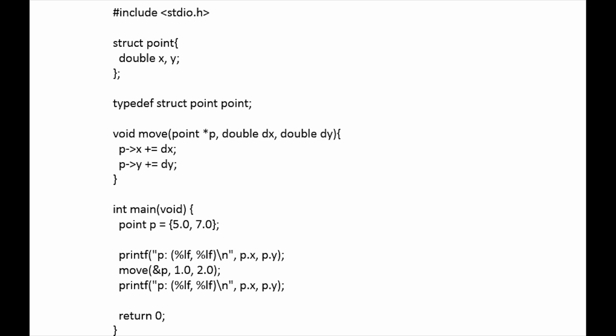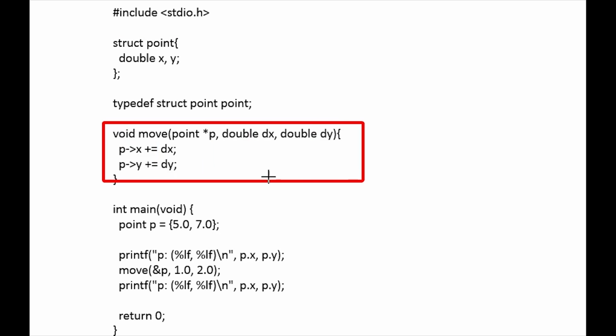Let us finally discuss objects and object mutation. So that's a natural continuation of both assignment and state transitioning. So here we have a simple situation where we have a point implemented as a simple struct, and we have a move function which takes a pointer to a point as first parameter, and dx and dy as second and third parameter, and we mutate the x and y by assignment.